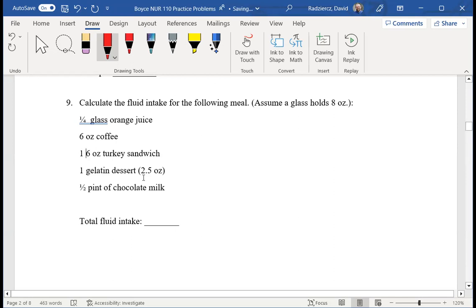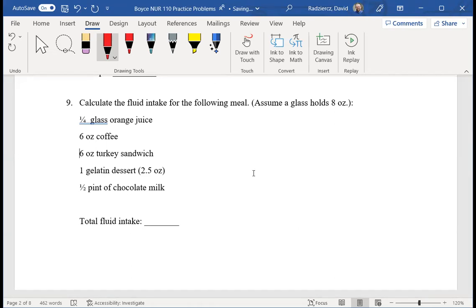So I'm just going to say a 6-ounce turkey sandwich. That way it adds a little bit of complexity. I don't think they're going to add that to your test. But I think it'll be a good thing to think about and question.